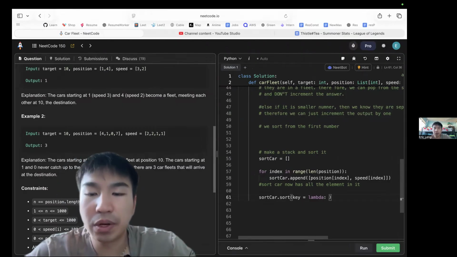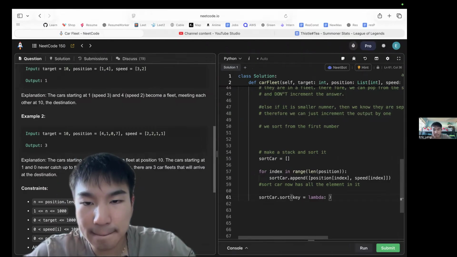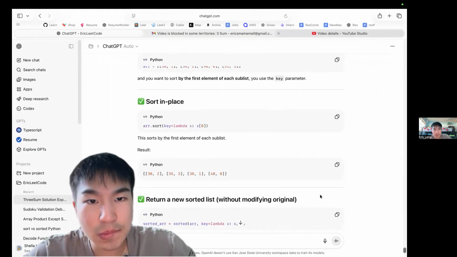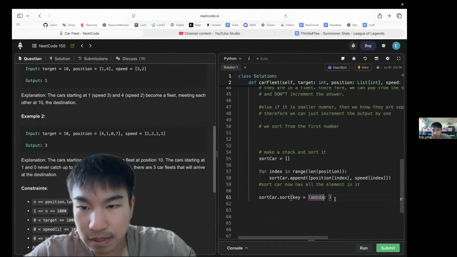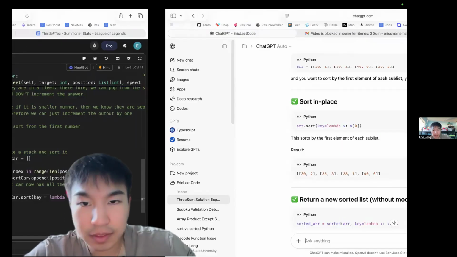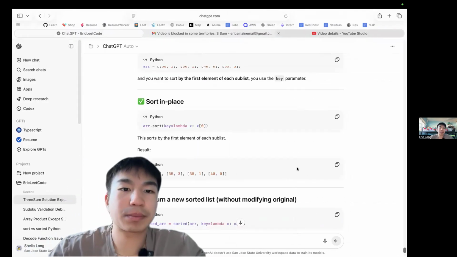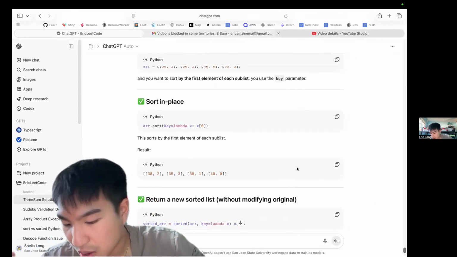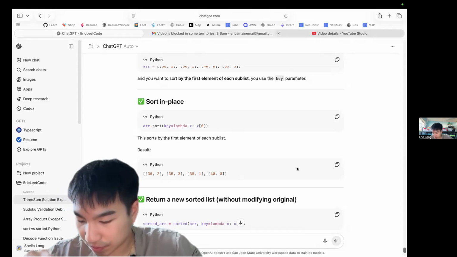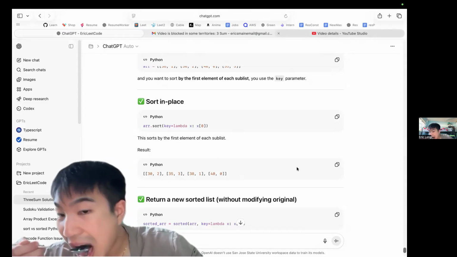And what do we sort it by? We sort it by x, and x of 0.